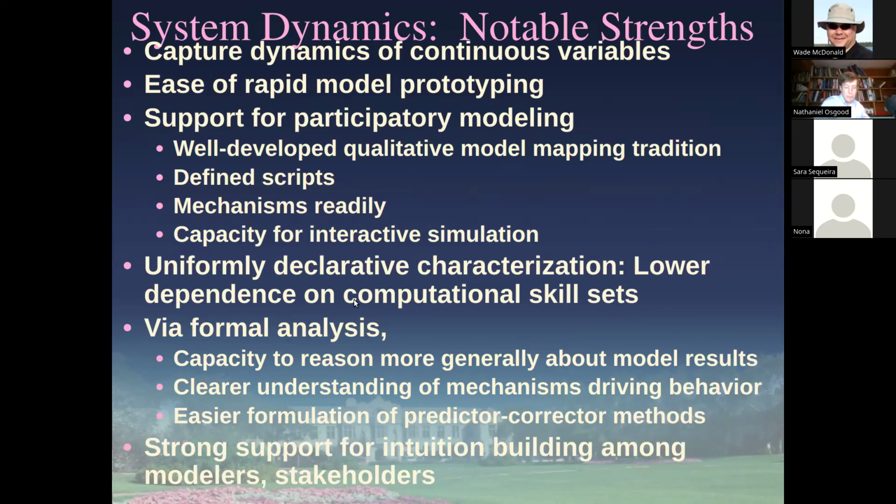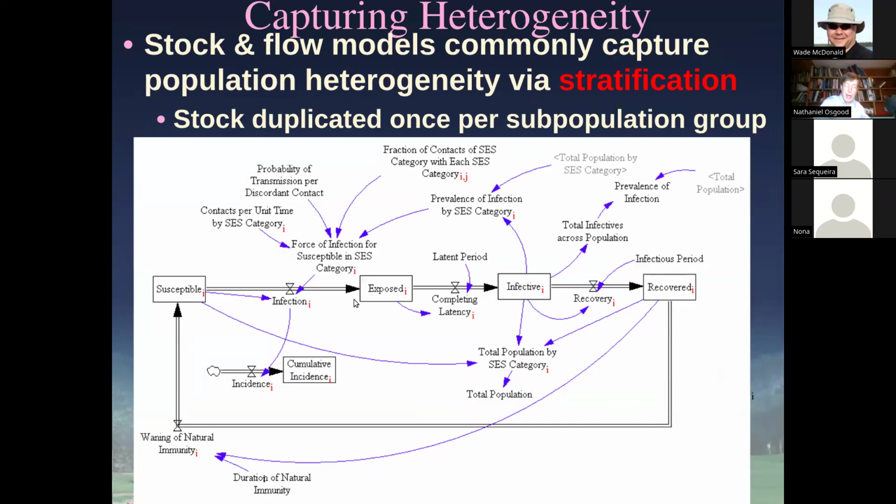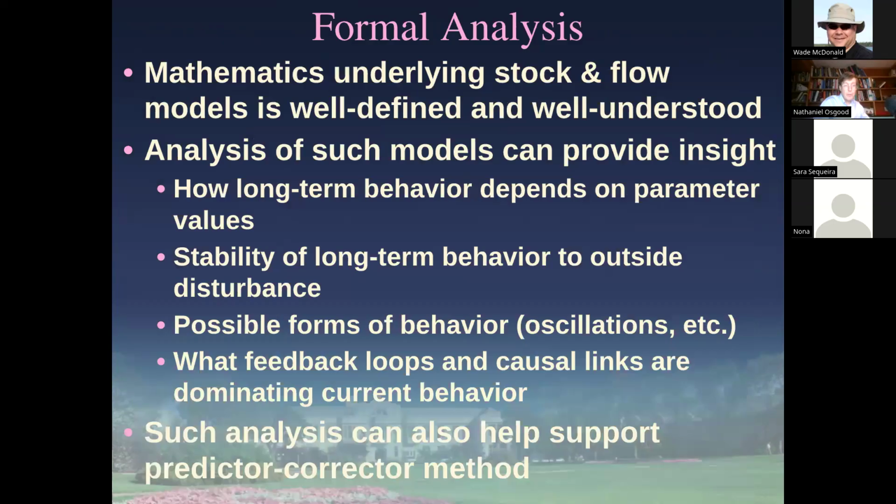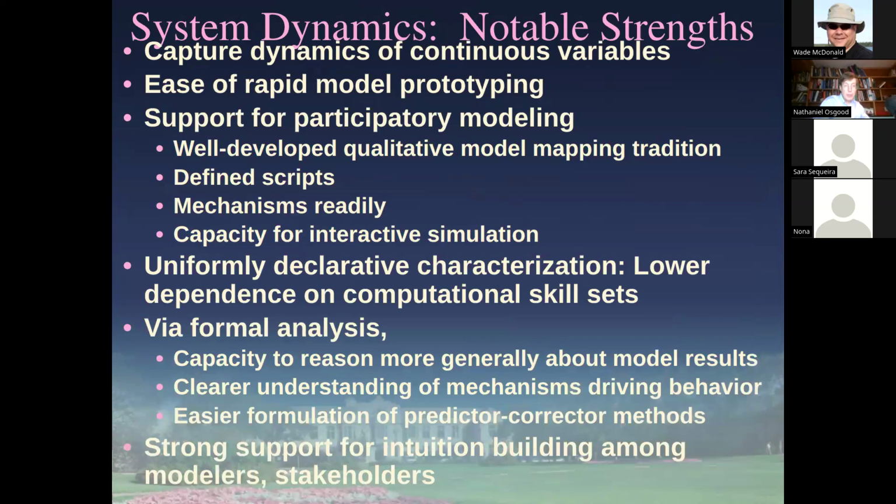Well, stock and flow models capture, in a very transparent way for low levels of heterogeneity, in a very expressive and very visually powerful way, supporting visual reasoning about the model. They support the ability to characterize dynamics of continuous variables. I'm saying continuous variables like the count of susceptibles, the count of infections, the count of exposed.